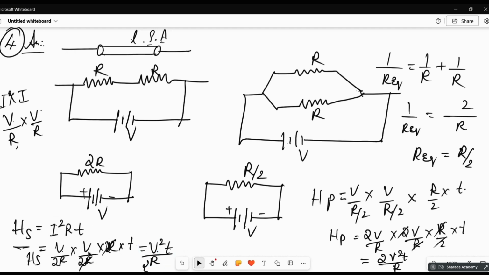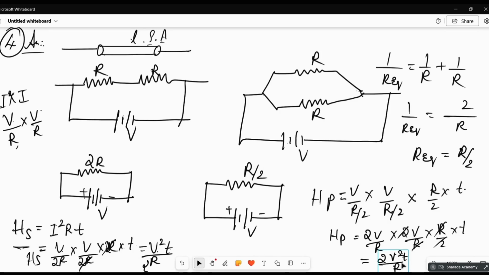This is the heat produced by the series circuit. Next, in the parallel circuit, I have voltage V. Resistance of this circuit is R by 2. Put this in I square into R into T. Simplify, you will get 2V square into T by R.